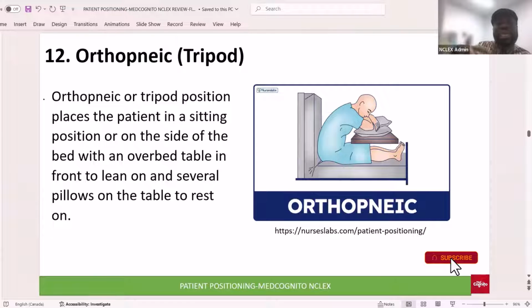It's a position in which the client is sitting, okay, and they are on the bed or sitting on the side of the bed, and there's an overbed table, and they are leaning on it, and they may have several pillows because the patient may have shortness of breath. The patient may have pulmonary edema, and you don't want them to sink in their own fluid.